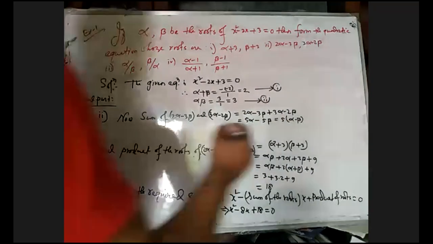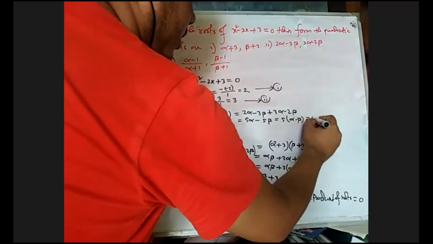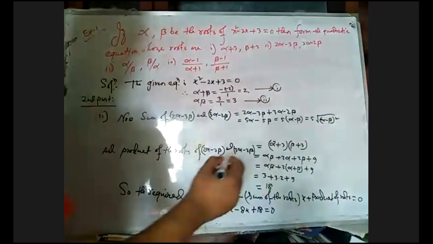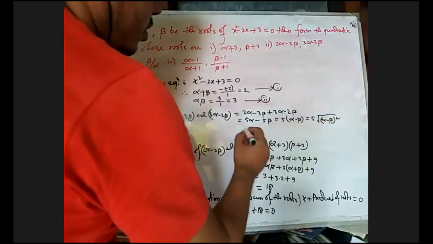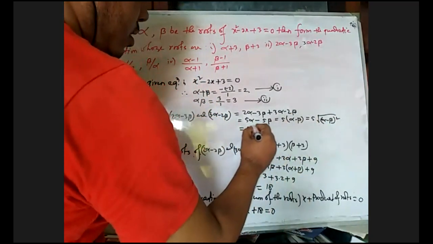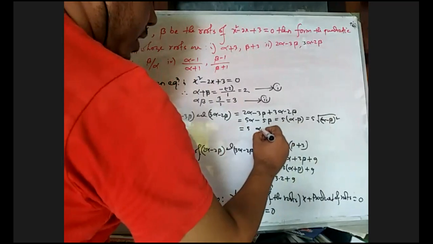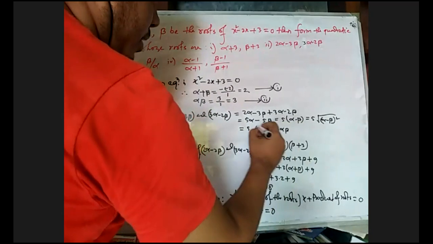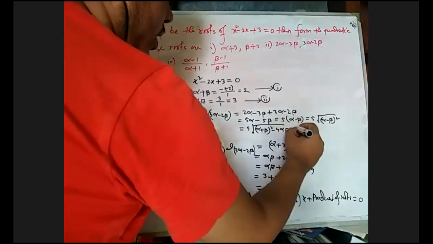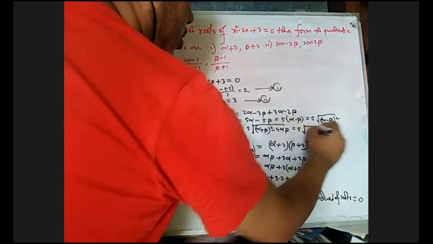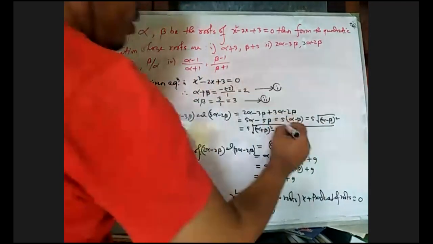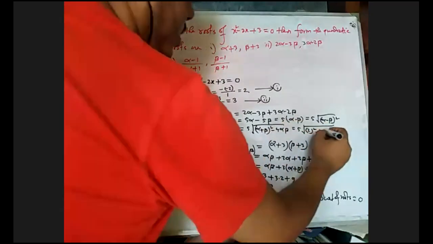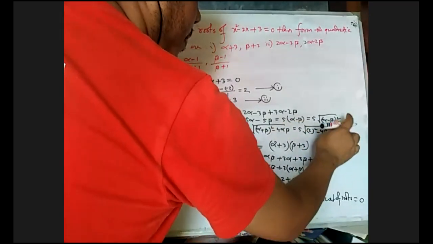But alpha minus beta can be written as the square root of alpha minus beta whole square. The root and square will be cancelled. So this means the square root of alpha plus beta whole square minus 4 alpha beta. So 5 square root of alpha plus beta, which is 2, 2 square minus 4 into 3.